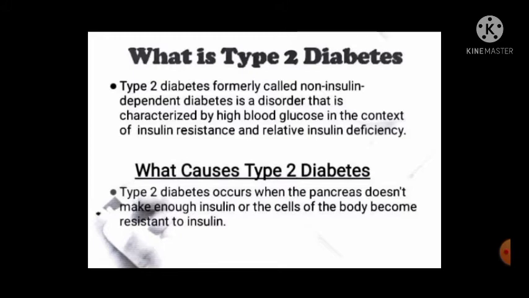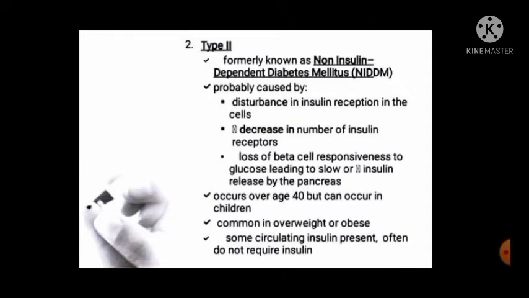But in type 1 diabetes there is an absence of insulin, and in type 2 diabetes there is a presence of insulin. Type 2 diabetes, formerly known as non-insulin dependent diabetes mellitus, is probably caused by a disturbance in insulin reception in the cells. A decrease in the number of insulin receptors causes type 2 diabetes.